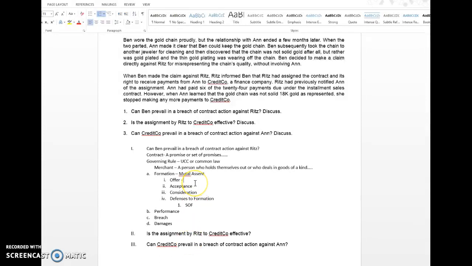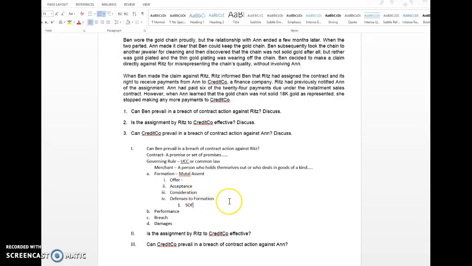So I know that under offer, and under acceptance, because we are dealing with UCC, we're going to have different rules. So I put this here before I really start digging into it. That way I know these are the things I have to discuss. I also know that specifically in this essay, you're not going to discuss statute of frauds.